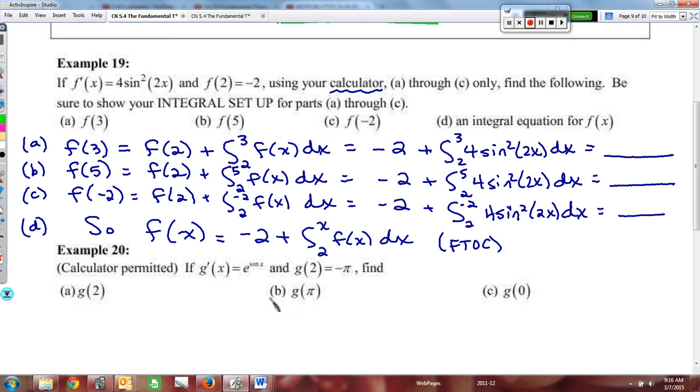Okay? Now let's just go ahead and calculate each of these. So I'm going to pause the video, give you a chance to calculate these on your calculator, and then we'll come back and verify. And we'll also show a graph of this and what it looks like on your calculator as well.